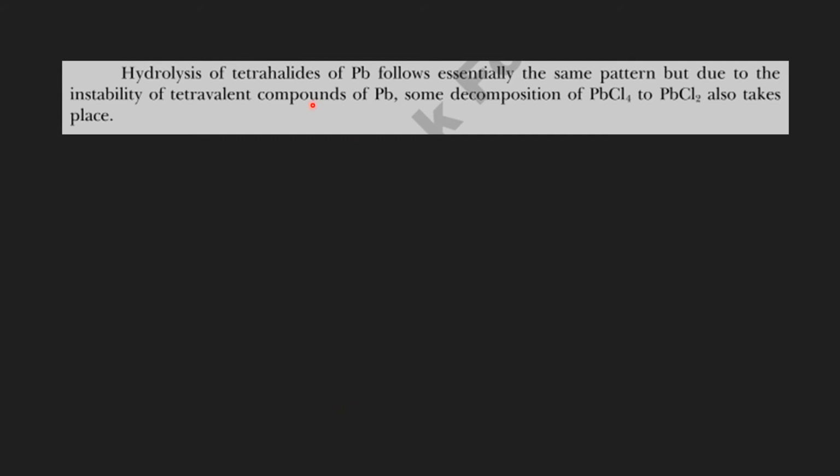Hydrolysis of the tetrahalides of lead follows essentially the same pattern as discussed, but due to the instability of the tetravalent compounds of lead, decomposition of this tetrahalide will occur, and it will change into the dichlorides.